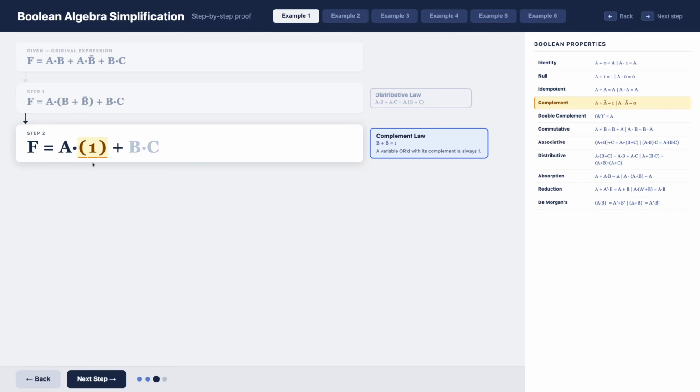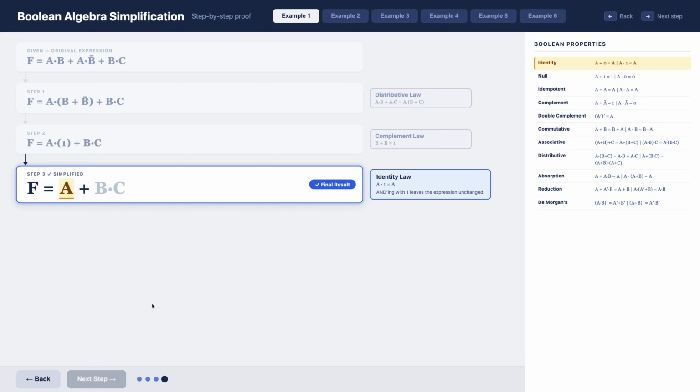All right. Then the next property is A or 1 is A. That one is so obvious it's hard to remember that you even applied a property. And so that is the next step. We would apply that as the identity law, and we get to a final answer that can result in a much simplified version of the same function. So Boolean algebra-wise, this is the same Boolean expression.